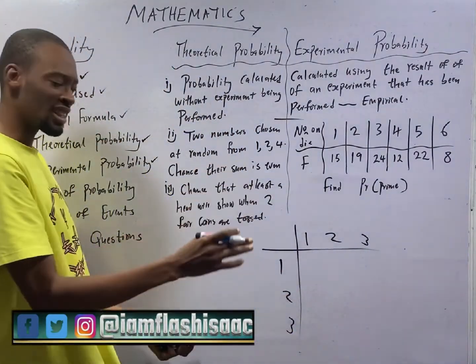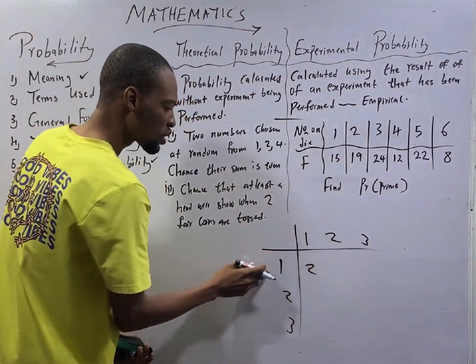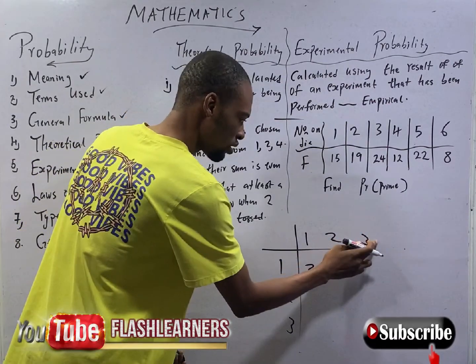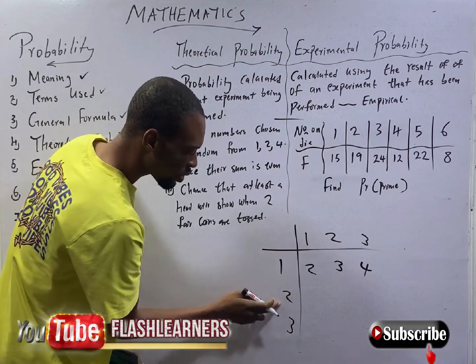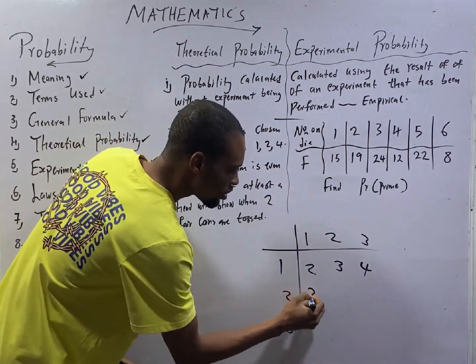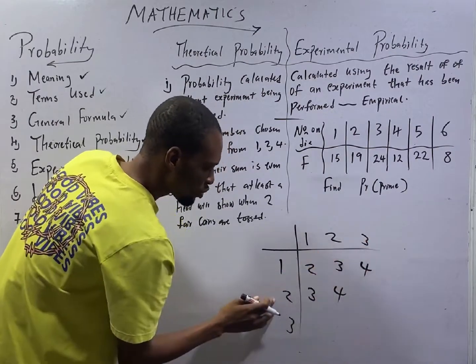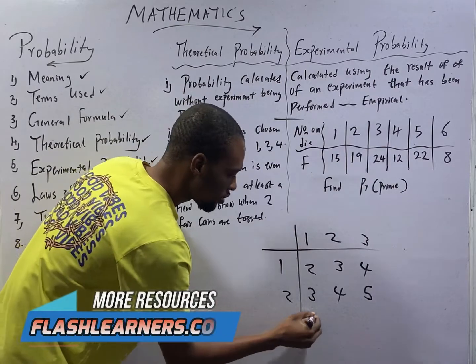If we begin to add them, the sum of this and this is 2. Then 2 plus 1 is 3. 1 plus 3 is 4. Then here, 1 plus 2, this is 3. 2 plus 2, 4. 3 plus 2, 5. 1 plus 3 is 4.